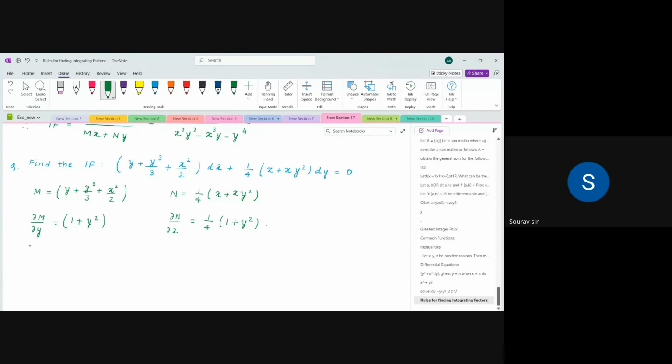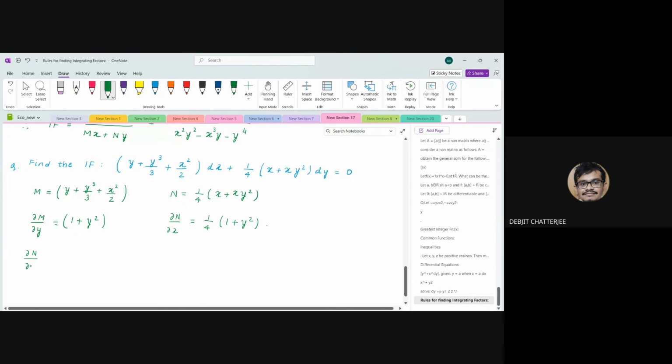So then what are you doing? Sir, del n by del x minus del m by del y divided by capital M, that is coming as a function of y.